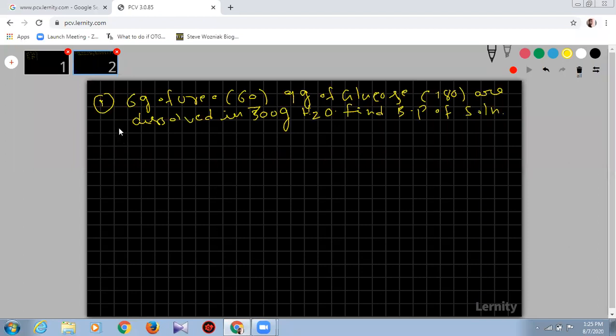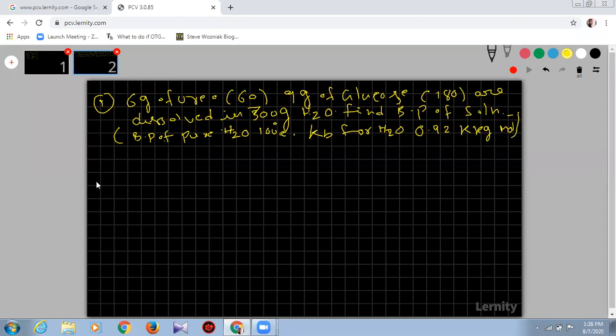Along with this, the data given: boiling point of pure water is 100 degrees centigrade, and Kb value, this is called the van't Hoff constant, Kb for water is 0.52 Kelvin kg per mole. This is the data that was given.